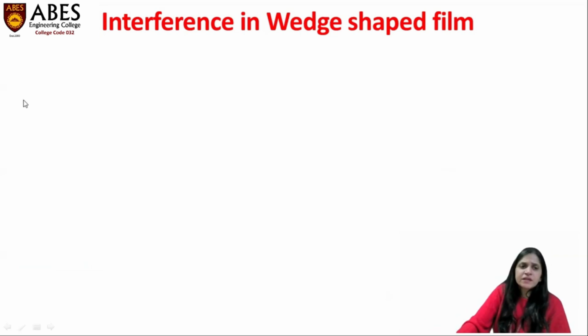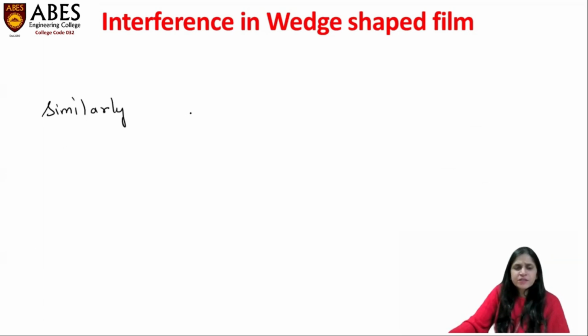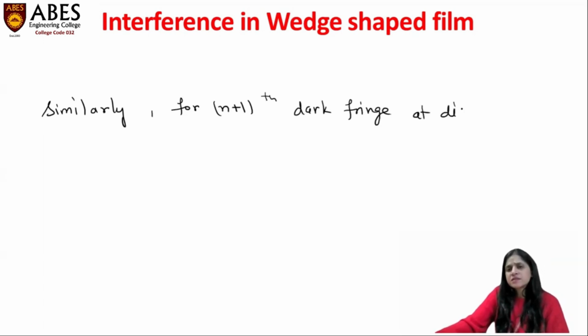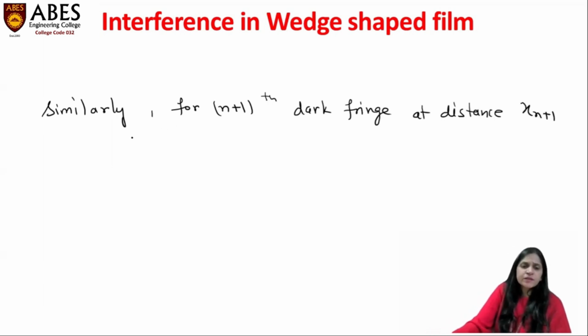Now similarly, for the n plus 1th dark fringe at distance xn plus 1, what will be the condition?